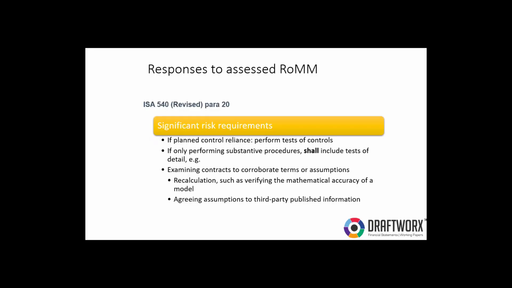It's important that you include those tests of details; you can't only do analytical procedures, pretty much is what it says. You must do detailed checking, looking at contracts to corroborate terms or assumptions, recalculating, verifying the mathematical accuracy of the model, agreeing those assumptions to contracts, to third-party published information. That's the type of thing that you do need to do.